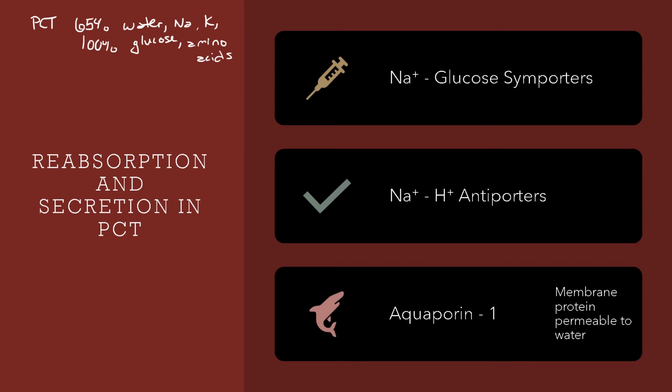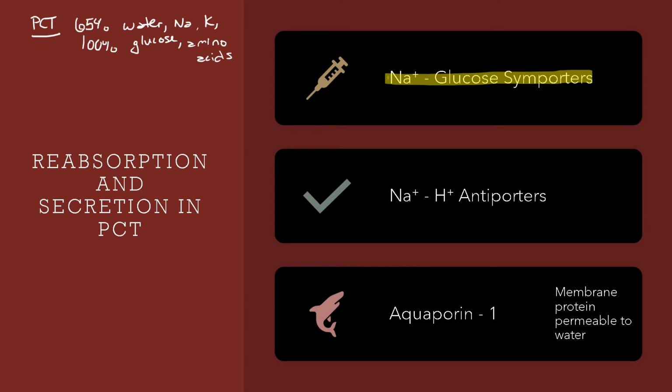Most solute reabsorption in the proximal convoluted tubule is going to involve sodium. And sodium transport occurs by symport and antiport mechanisms in the proximal convoluted tubule. So a main one is going to be the sodium-glucose symporters. These are found in the apical membrane of a cell in the proximal convoluted tubule.